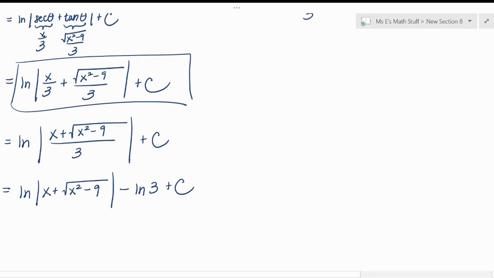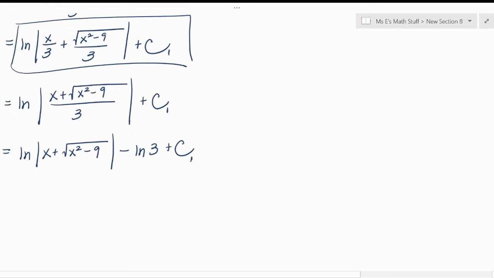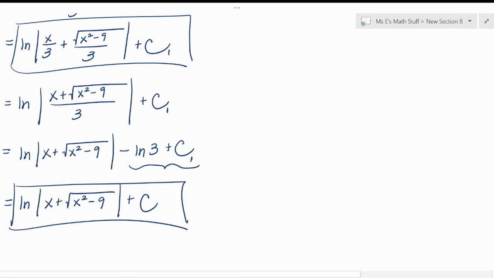I'm going to go ahead and change my constant up here to C1, because the natural log of 3, or the opposite of the natural log of 3, is a constant, and C1 is a constant, so you could merge them together to create a new constant, which is why another version of the correct answer here, watch out, could be that. There we go. Hopefully that makes sense.